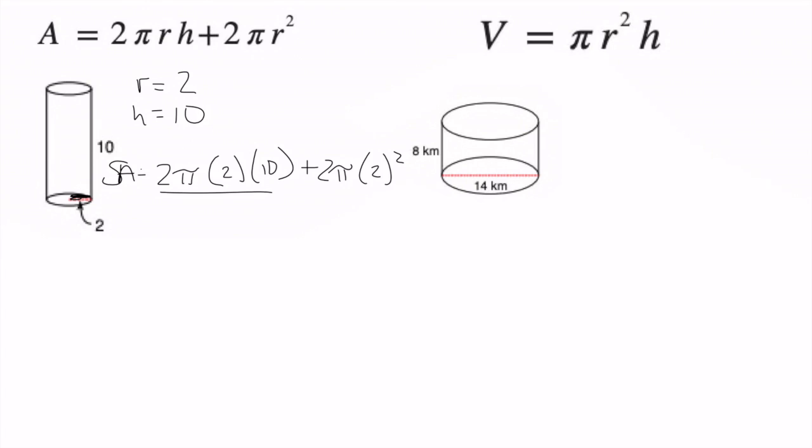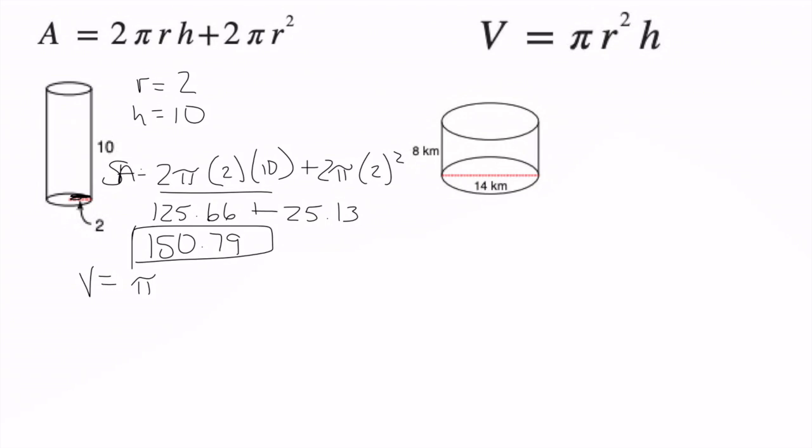That'll give us, for this piece, if we just plug that into your calculator, you should have gotten 125.66 plus 25.13, which gives us a surface area of 150.79. For volume, it's pi times our radius of 2 squared times our height of 10. Plug that into your calculator, you should have gotten 125.66.